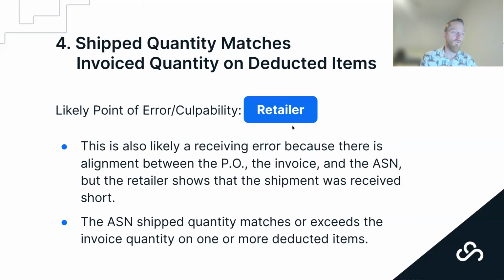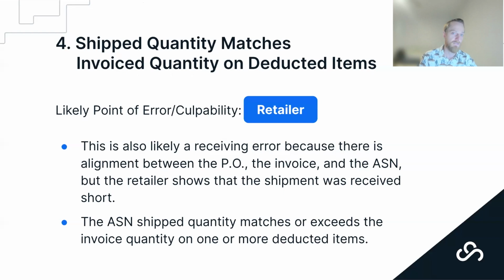And then one more very similar to the very first root cause. If you're looking at, again, just the deducted items, maybe the received quantity doesn't match the invoiced, but a good reference point as well, even if the received is less than what you invoiced. If you shipped 100 units of that item, and that's the same amount as what you billed for, then this is still a good chance of a receiving error.